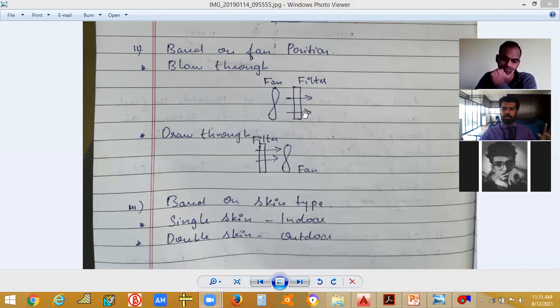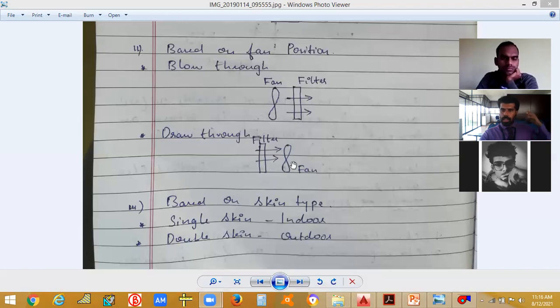For different applications we will be using different ones. That is according to our need only. We are customizing it. If it is a small FCU, better you go for the draw-through one.